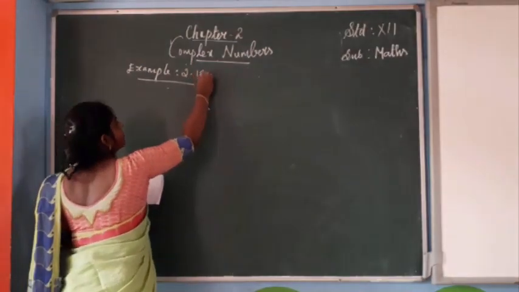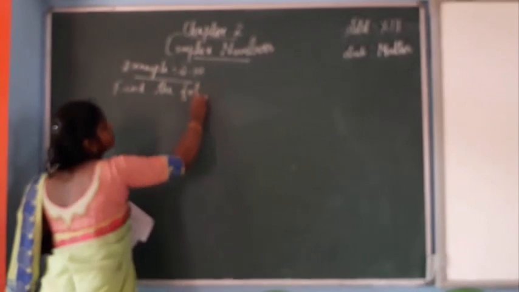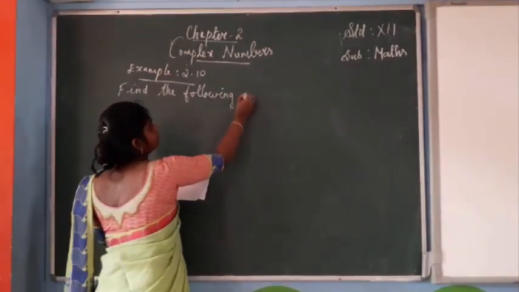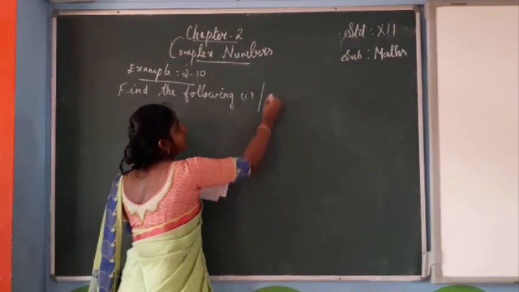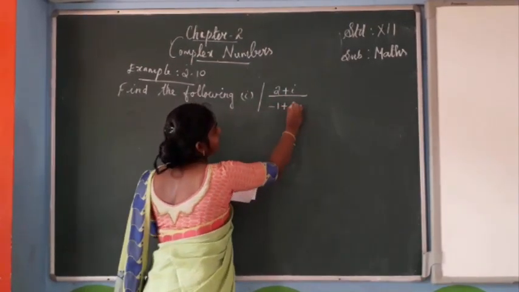Next example, example 2.10. Find the following. First subdivision: modulus of 2 plus i divided by minus 1 plus 2i.